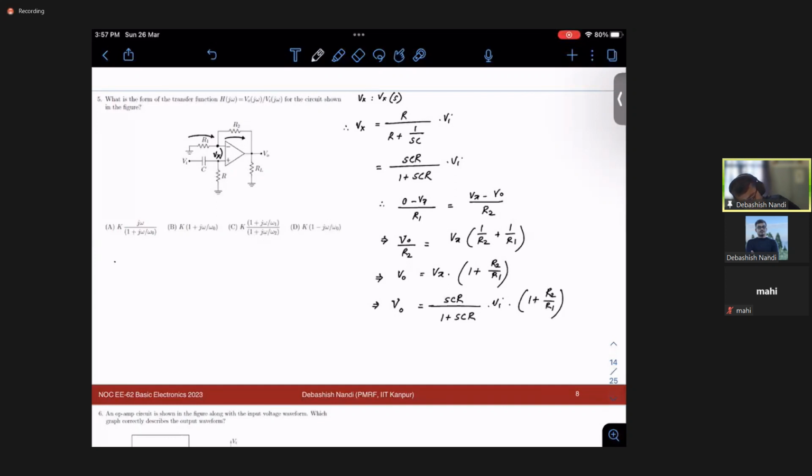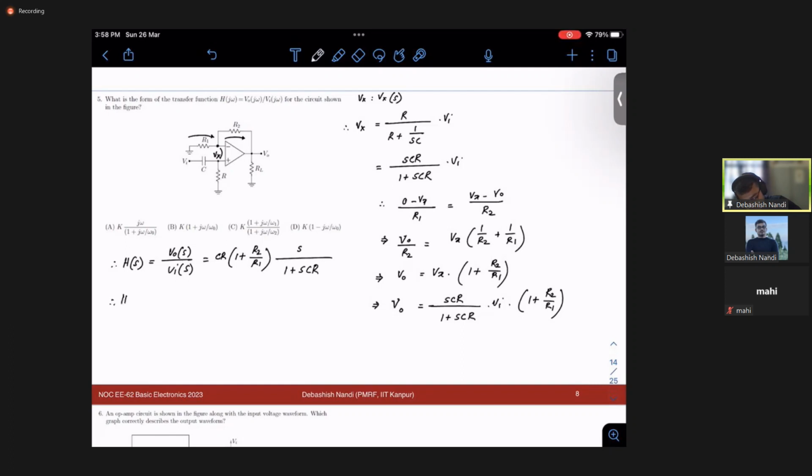So if you do H of S equal to V naught of S by Vi of S, it is nothing but your CR1 (1 plus R2 by R1) over S over 1 plus SCR.